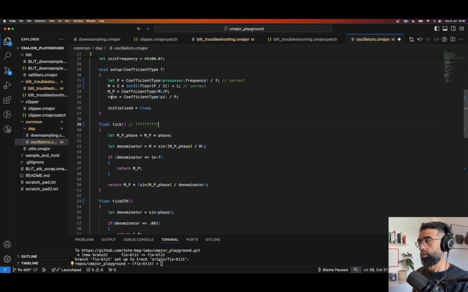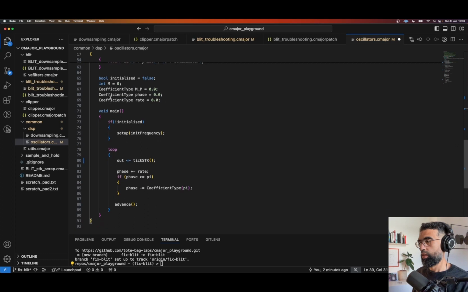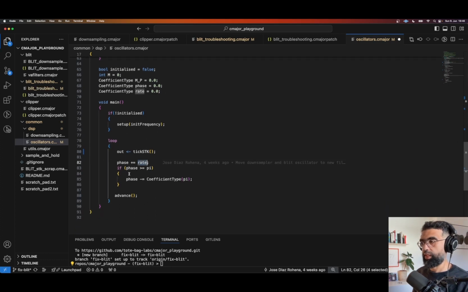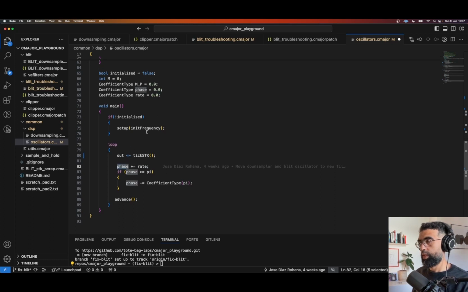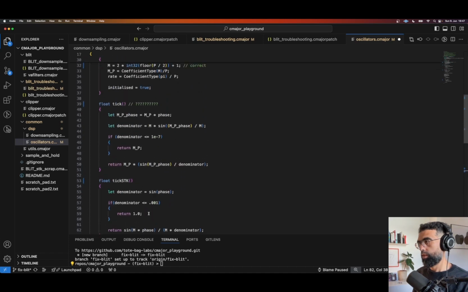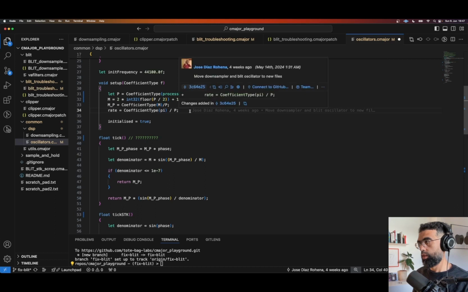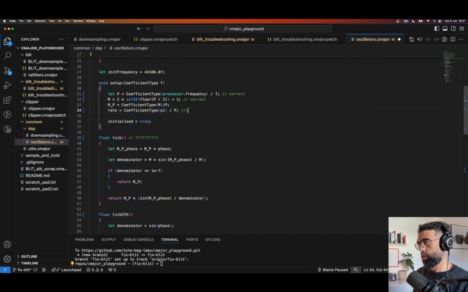Is there anything else that we can determine? Oh, okay, cool. So rate is correct. I know that rate is correct because the change of the phase variable is correct. And in order to do that, we need to have the phase.